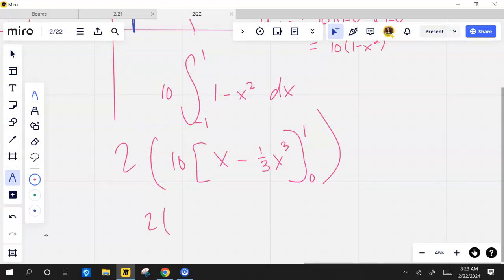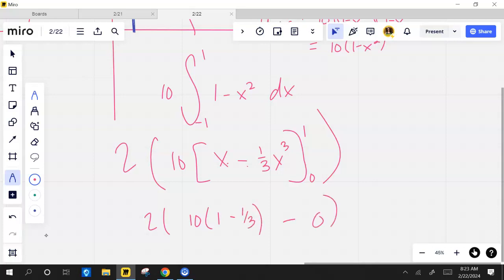1 minus a third. Oh, thank you, golly. Sitting here thinking that was 0.